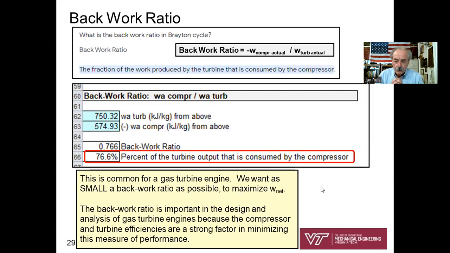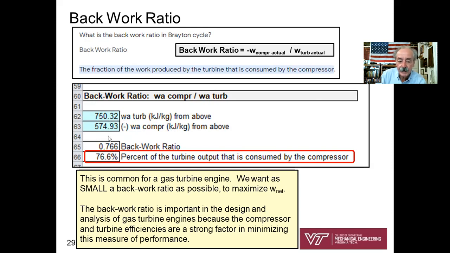Okay, so now we're near the finish line here. The back work ratio: we have now determined both the actual turbine work and the actual compressor work. Here I'm tabulating W actual 750.32, and also negative W actual, which is 574.93, recognizing that it takes power to drive the compressor.